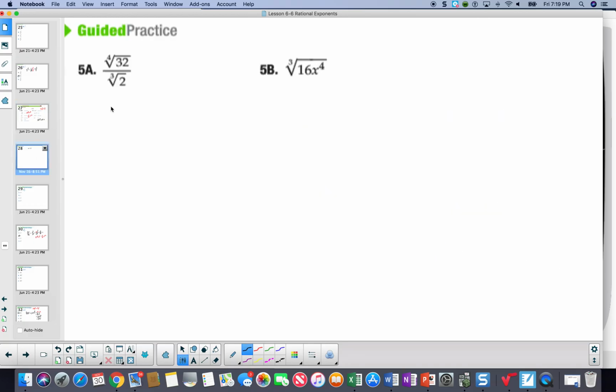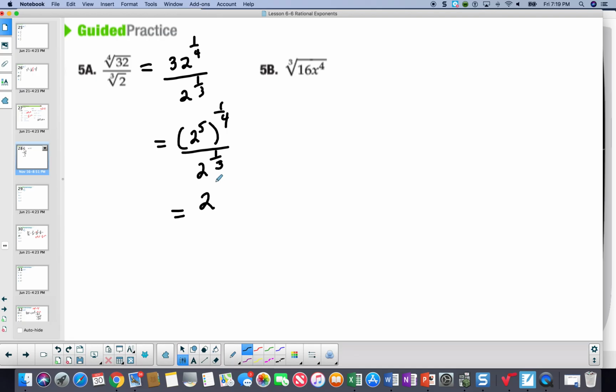Okay, let's go ahead and practice these problems. I know that this is going to be 32 to the 1/4 power, and this will be 2 to the 1/3 power. Now I know that 32 can be rewritten as 2 to the 5th power, and this will be 2 to the 1/3 power. So now I have power to a power, so that's going to be 2 to the 5/4 power all over 2 to the 1/3 power.